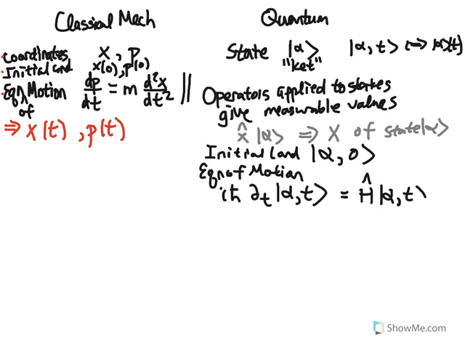This is what we call the equation of motion for states. And H hat is an operator called the Hamiltonian, an operator whose associated observable is the energy of the state.